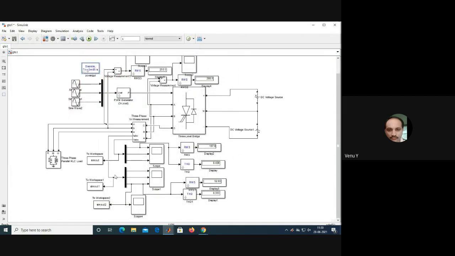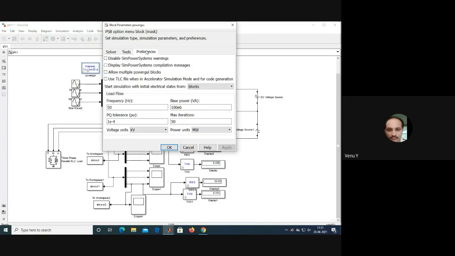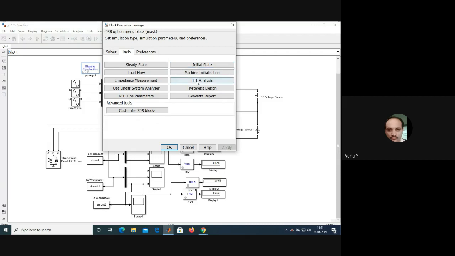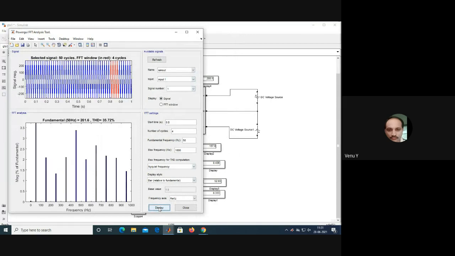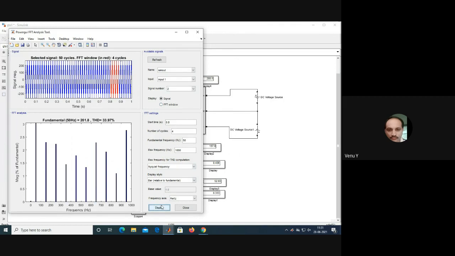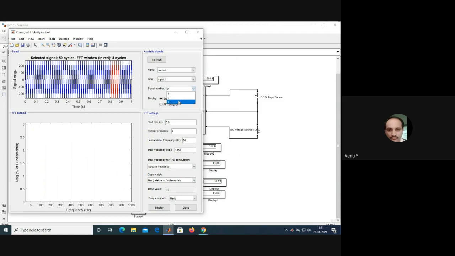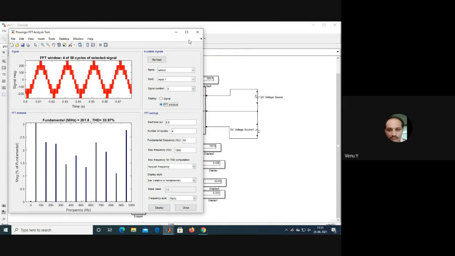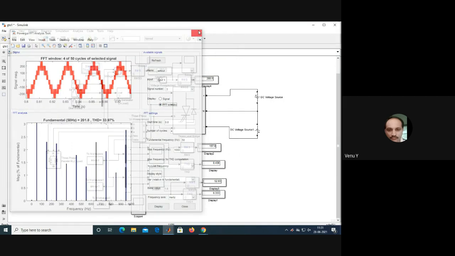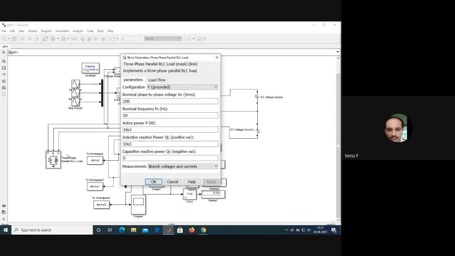Of Simout 1. This is the current. Simout output 35.72, 33.97, second signal. Third signal 33.97. These are the signals for RL load. Now let us use only reactive load 0.